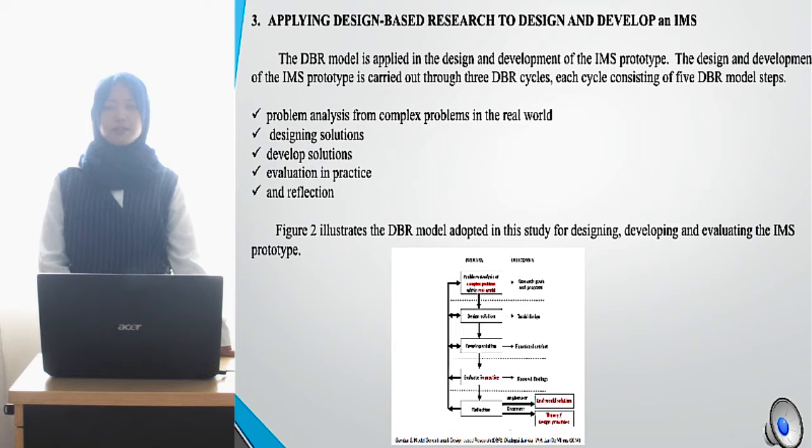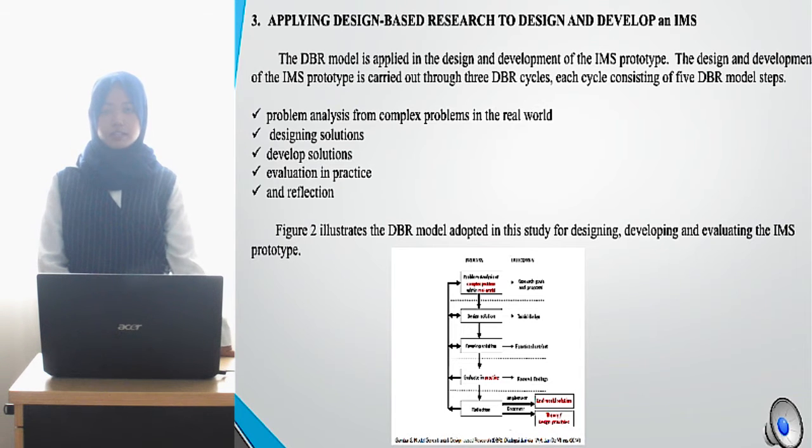The design and development of the IMS prototype is carried out through three DBR cycles, each cycle consisting of five DBR model steps, namely problem analysis of a complex problem in the real world, designing a solution, developing a solution, evaluation in practice, and reflection.